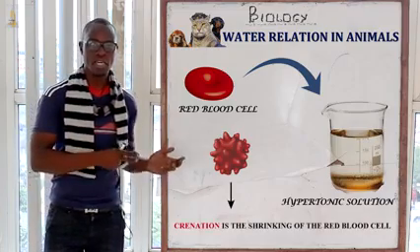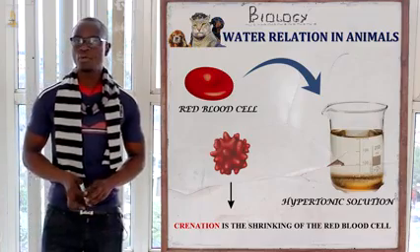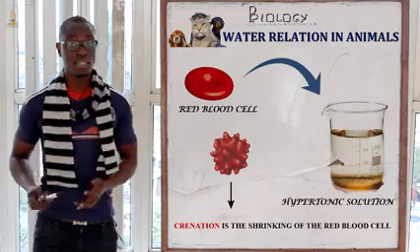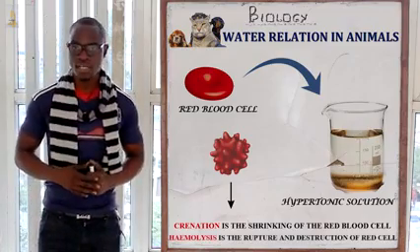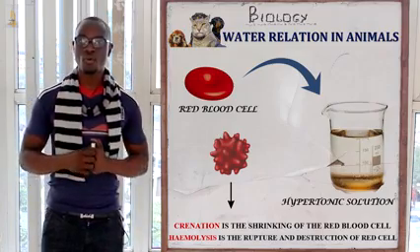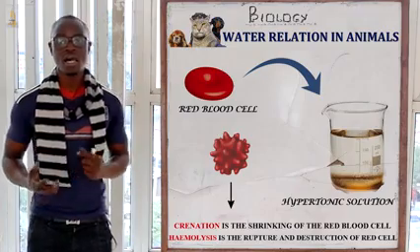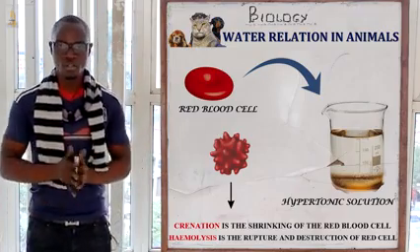The shrinking of the red blood cell is called crenation. Remember, hemolysis is the bursting of the red blood cell after absorbing a lot of water from the surrounding, while crenation is the shrinking of the red blood cell after losing water to the surrounding when placed in hypertonic solution.